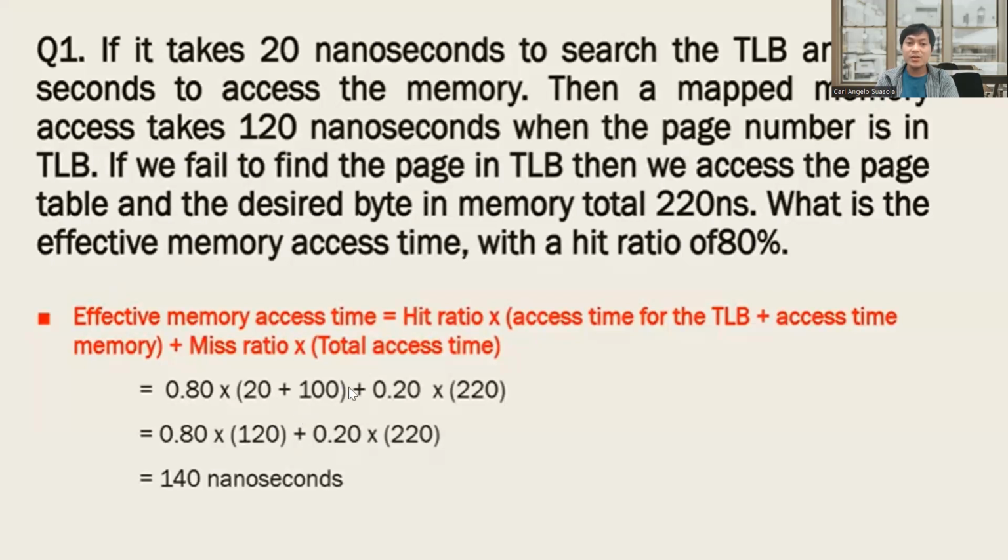So 20 plus 100, and also the remaining percentage which indicates the miss ratio, which is 20%, times the desired byte in the main memory, which is 220 nanoseconds. So, calculating this, we can get 140 nanoseconds of effective memory access time.